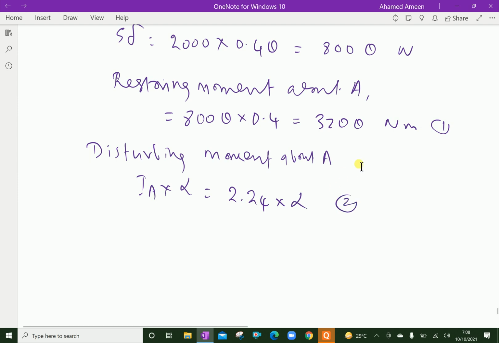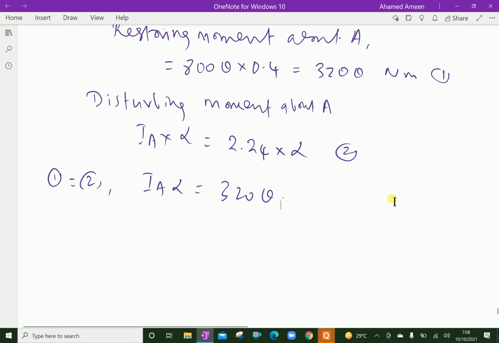Equating the restoring moment about A and the disturbing moment about A, that is equating 1 and 2, you'll get IA alpha equal to 320 theta. 2.24 alpha equal 320 theta.